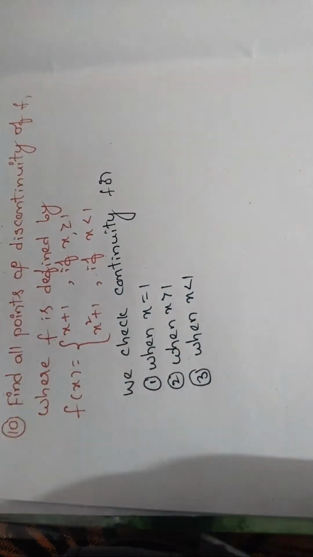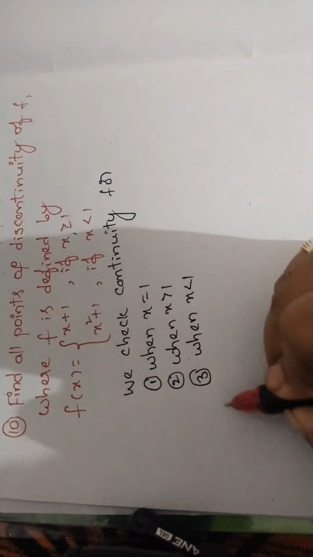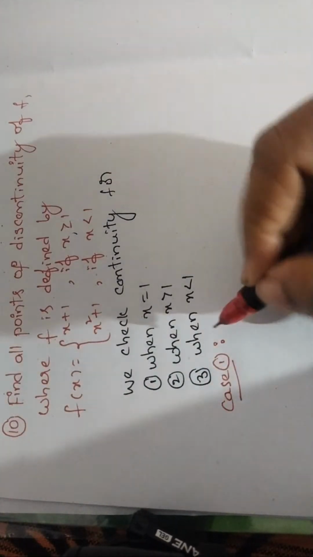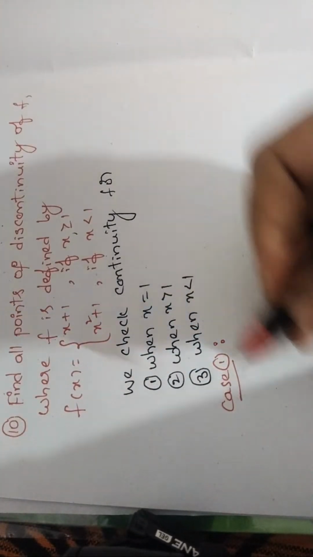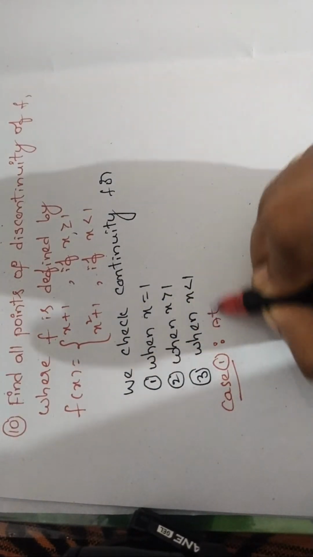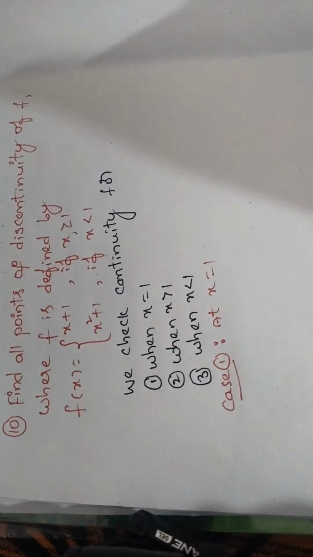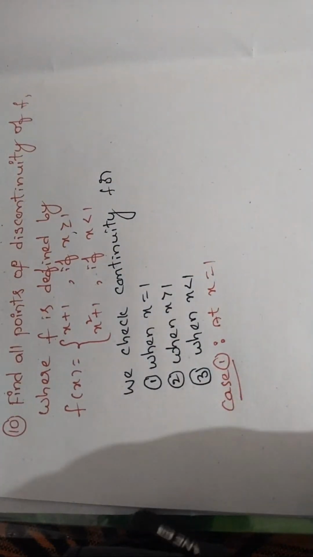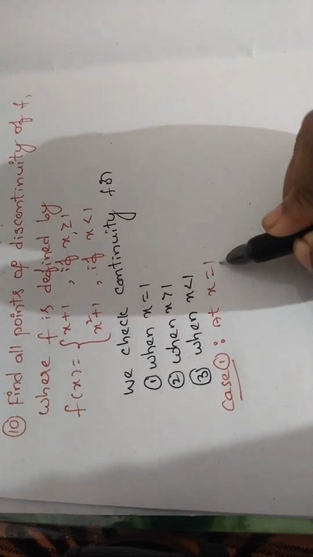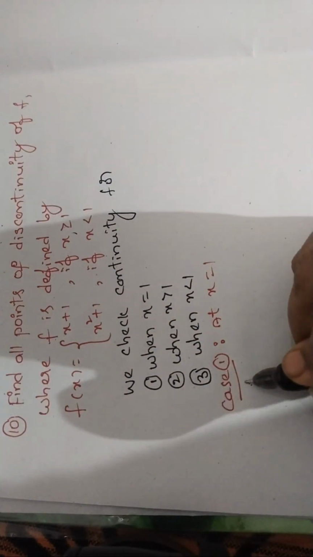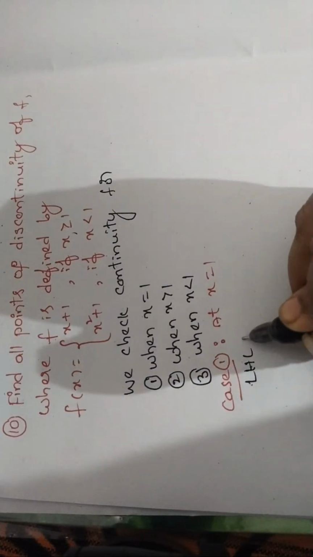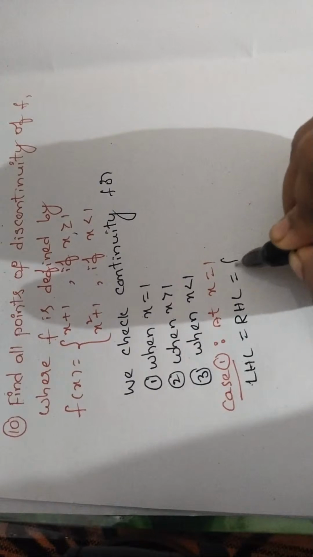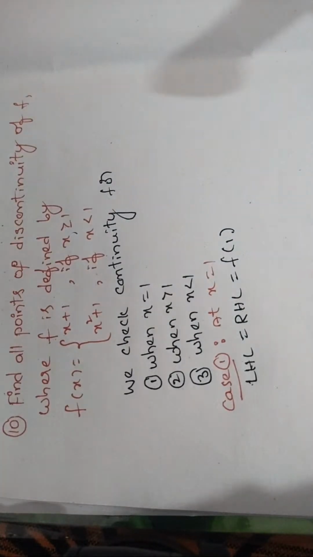Case 1 is at x equals 1. At x equals 1, the formula is: left hand limit is equal to right hand limit is equal to f of 1.